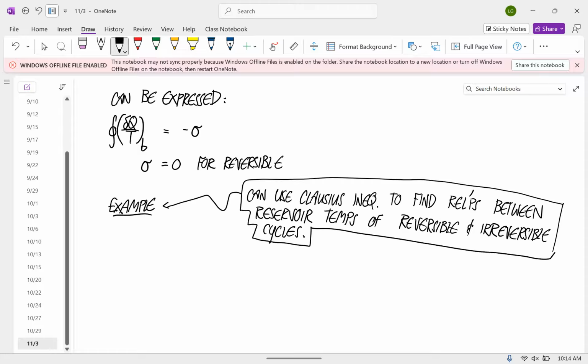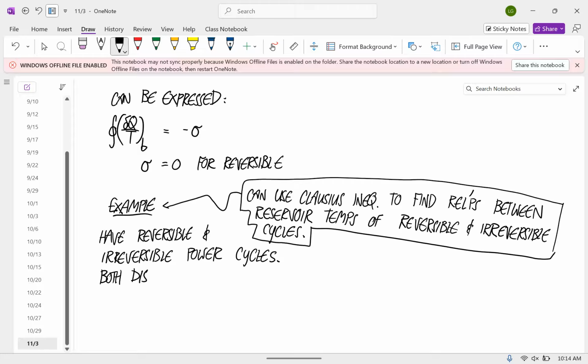Okay. So let's say that we have reversible and irreversible power cycles, and let's say that both discharge a heat QC to the cold reservoir at a temperature TC.